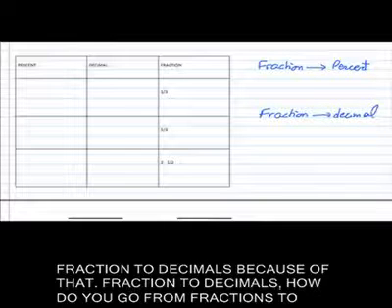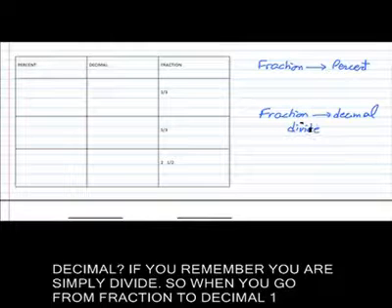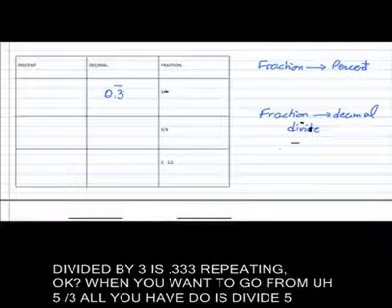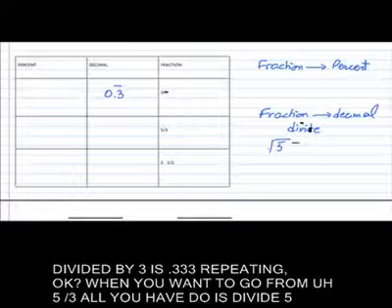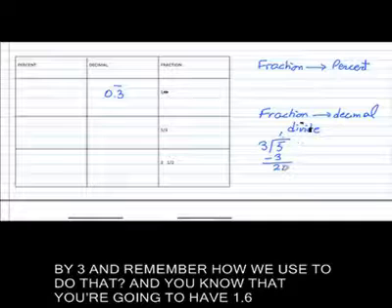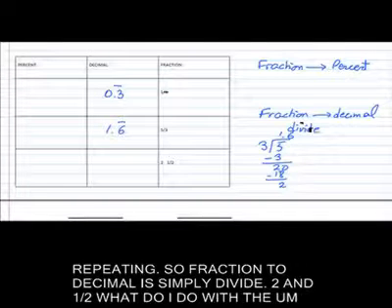How do you go from fraction to decimal? If you remember, you simply divide. 1 divided by 3 is 0.333 repeating. When you want to go from 5/3, all you have to do is divide 5 by 3. And remember how you used to do that. You know that you're going to have 1.6 repeating.